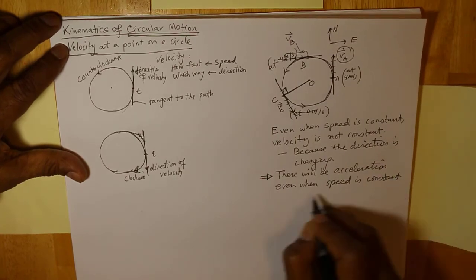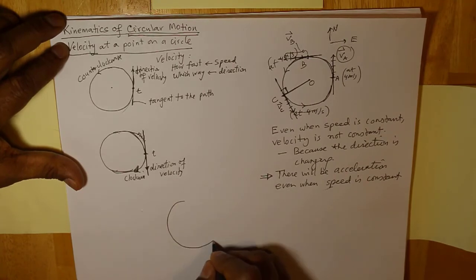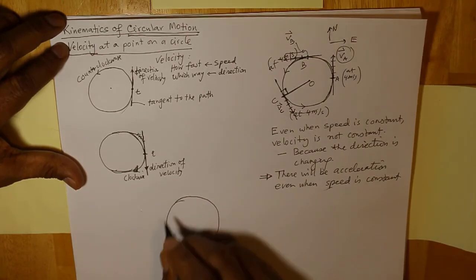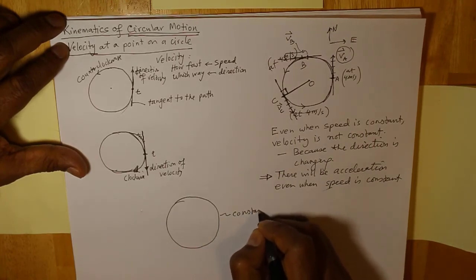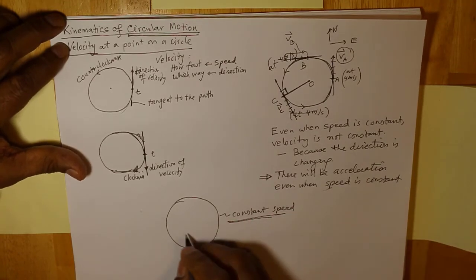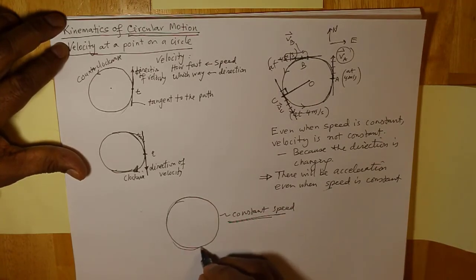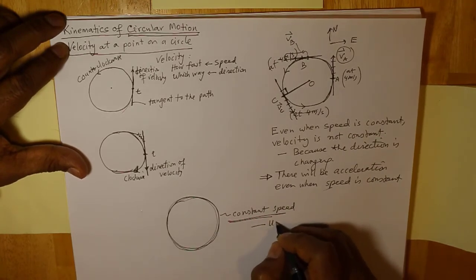And we can study a lot of constant speed circular motion. So if something is going in a circle with constant speed, then we actually give a name to this kind of motion. We call it uniform circular motion.